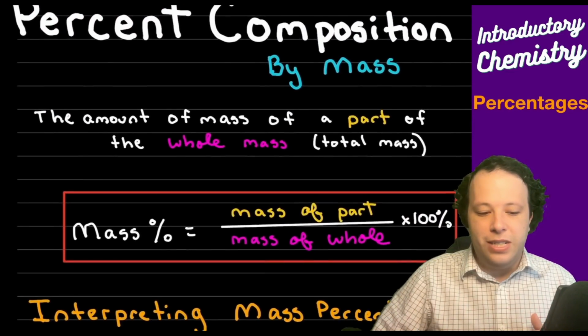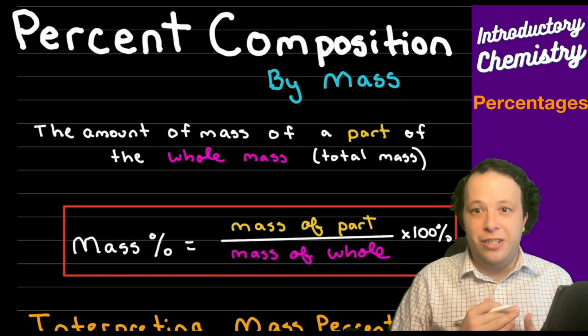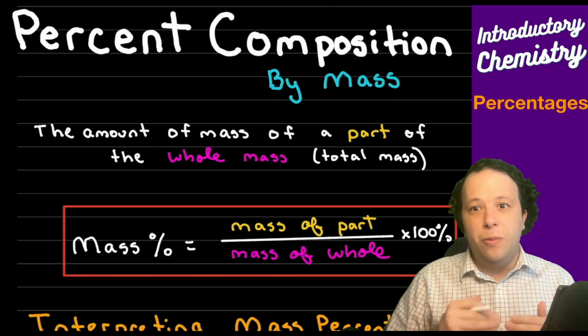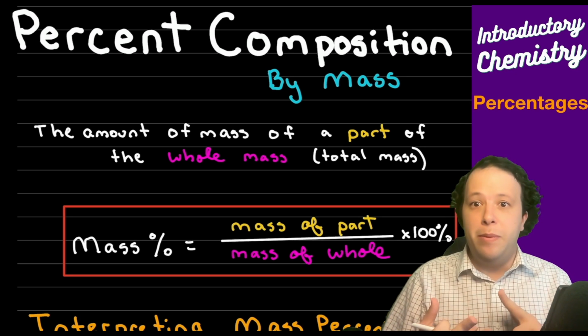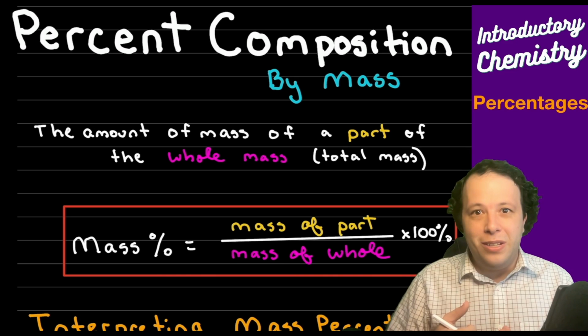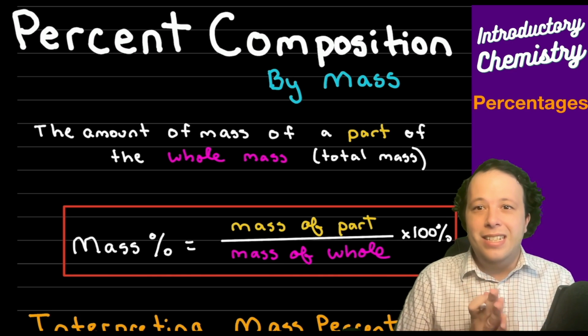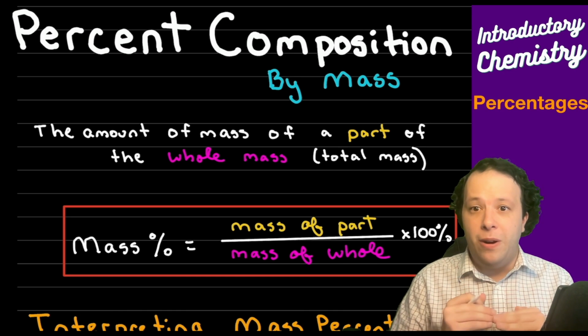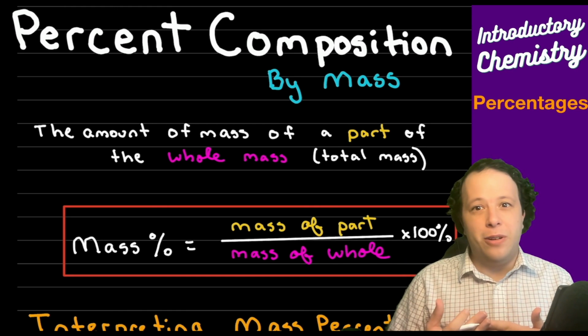We will also see a very common term known as percent composition. It can be by mass, maybe by volume, or mass over volume. But the whole idea with any percent is that it is the amount of something, or the part of something, over the whole. In this case, we're going to be referring to mass.